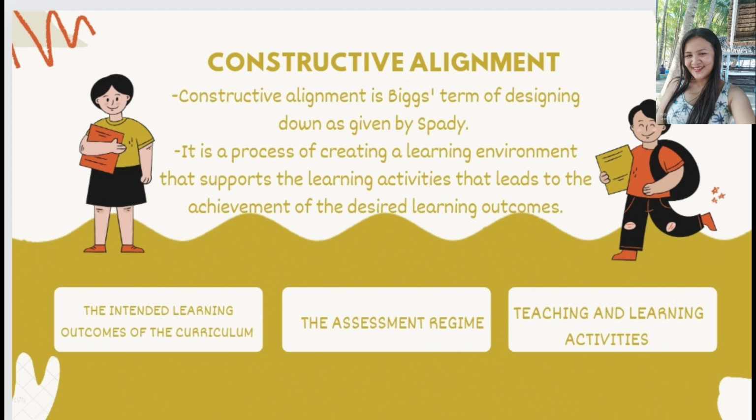Constructive alignment is Biggs' term for designing down as given by Spady. It is a process of creating a learning environment that supports the learning activities that lead to the achievement of the desired learning outcomes.